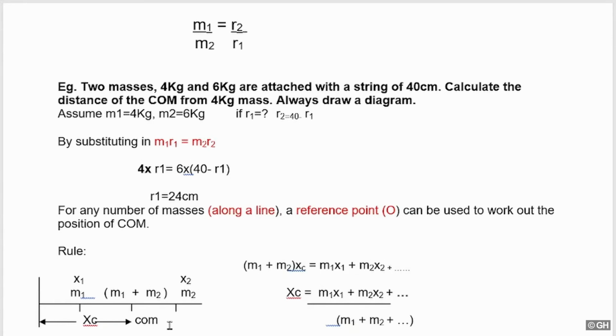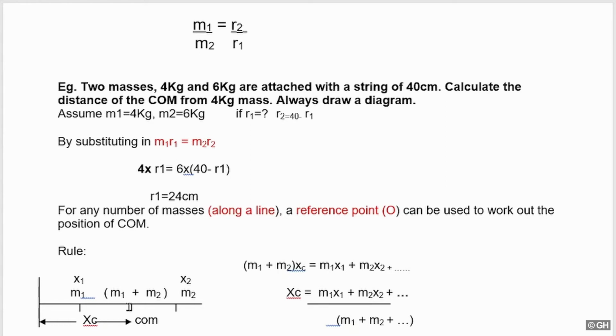Right, now we have M1, and x1 is the distance from the reference point. M2, x2 is the distance from the reference point to that mass. If we have M3, the same thing, M4, and then we get the mass and the distance. Assuming for this situation, to make it simple, we use two masses, but you can have any number of masses.